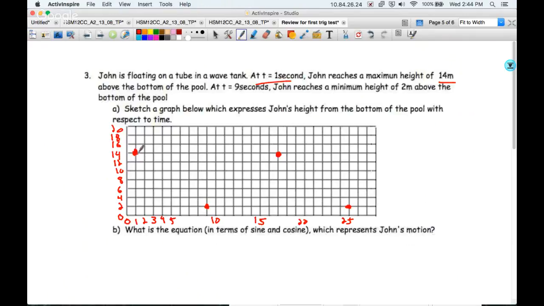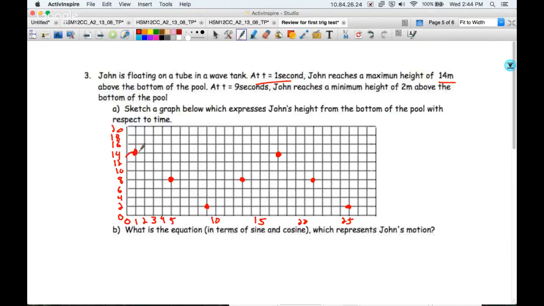It should take 4 seconds to get to the midpoint. 1, 2, 3, 4. And the midpoint between 2 and 14 is 8. See, that's right in the middle there. All right, now we don't want to just make this zigzag.